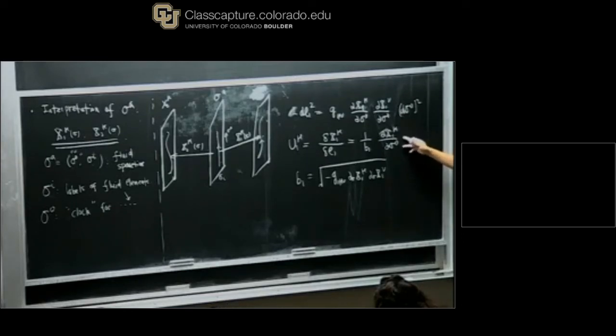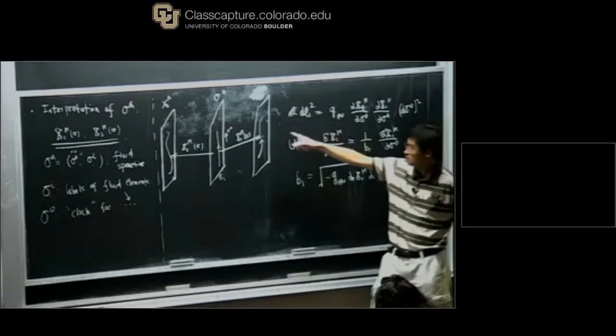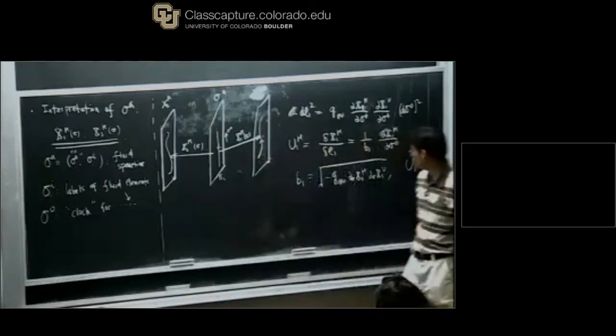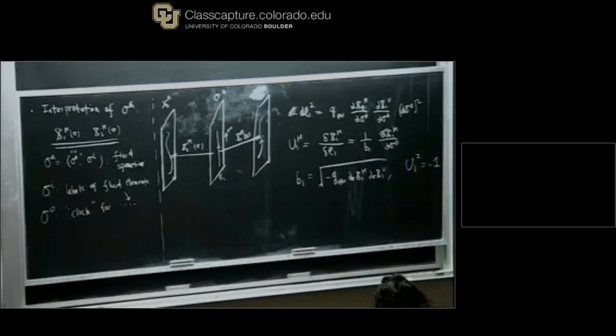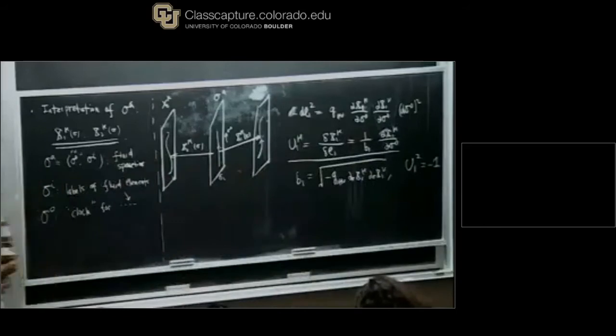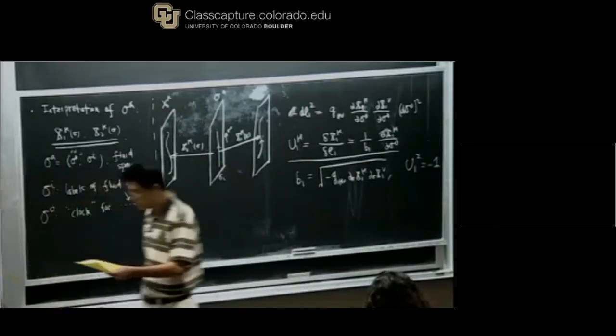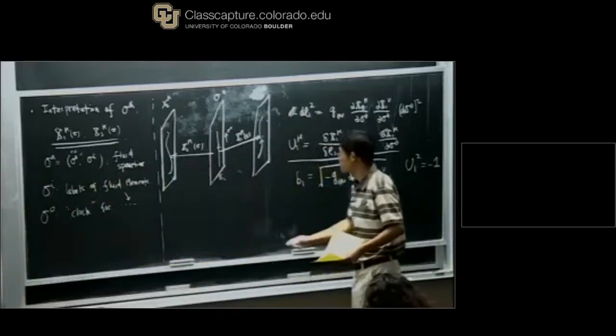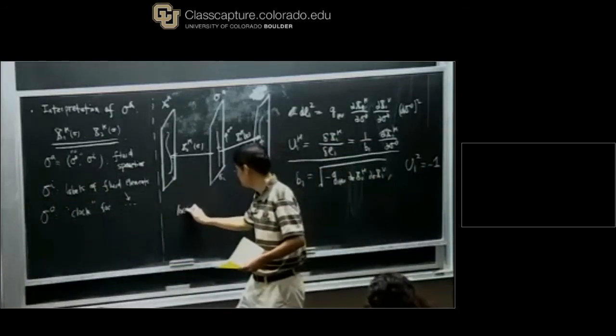By definition this u1 is properly normalized, so u1 squared is equal to minus 1, where mu is in the physical space-time coordinates. This would be the correspondence of the velocity field. Similarly, you can do this for u2 mu, the velocity associated with the second copy. And also now there are two copies of the chemical potential, the local chemical potential.